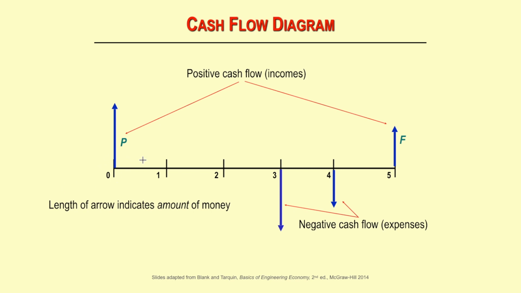So for example here, as you can see, the arrow for the cash flow at t equals 0 is slightly longer than the arrow for the cash flow at t equals 5. So this indicates that the amount of money at cash flow t equals 0 is bigger than the amount of money at cash flow t equals 5.